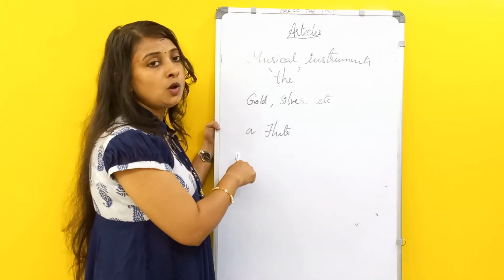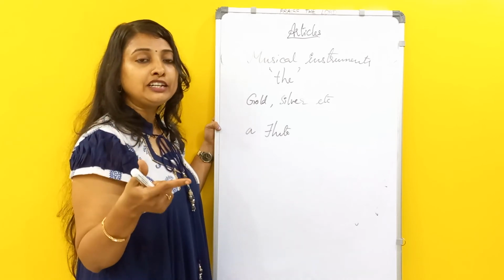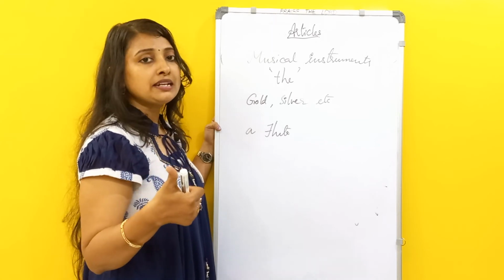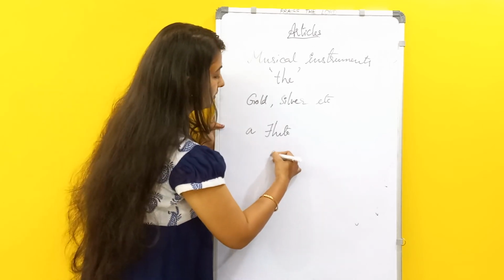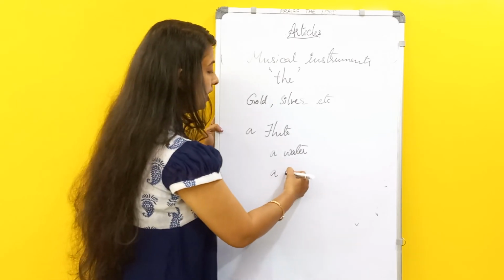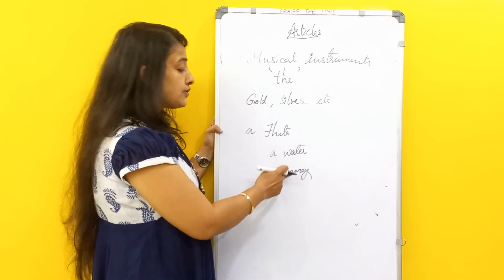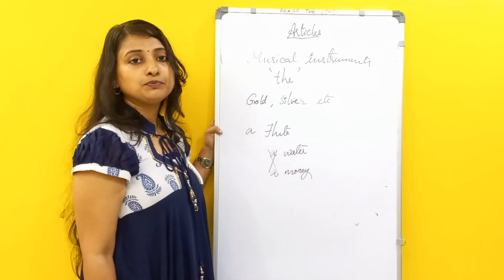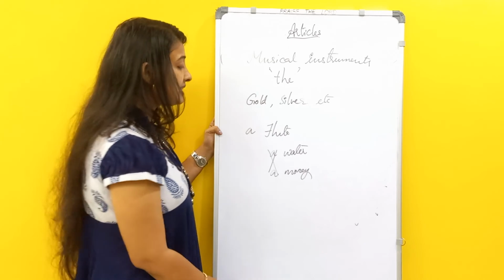That is also a revision point. With uncountable nouns you cannot use them. Like, you won't say a water, a money. These are all uncountable nouns. With uncountable nouns, you won't be using any article. Right?